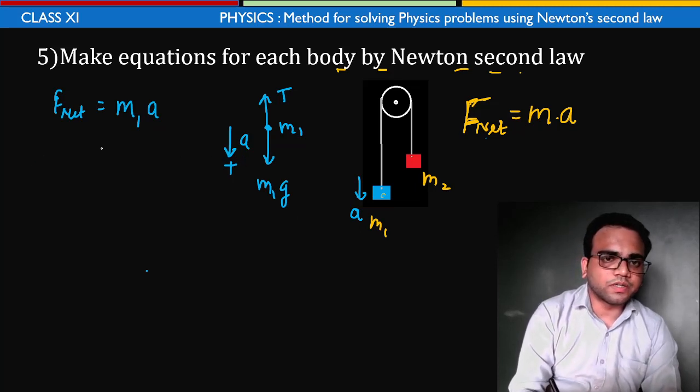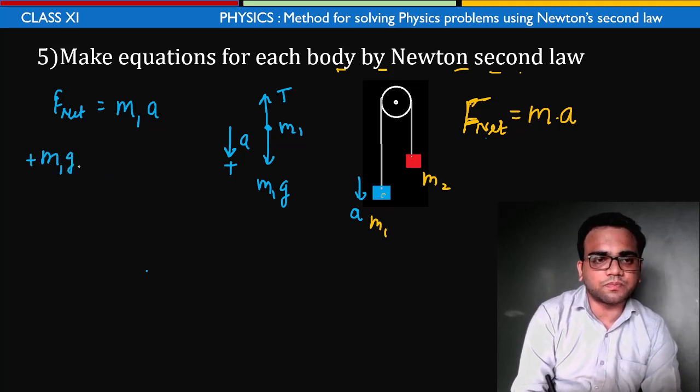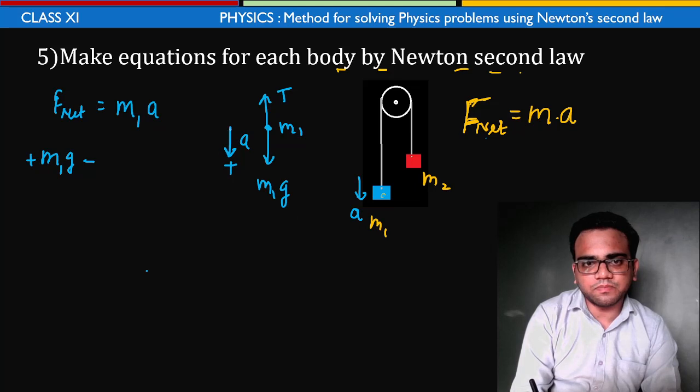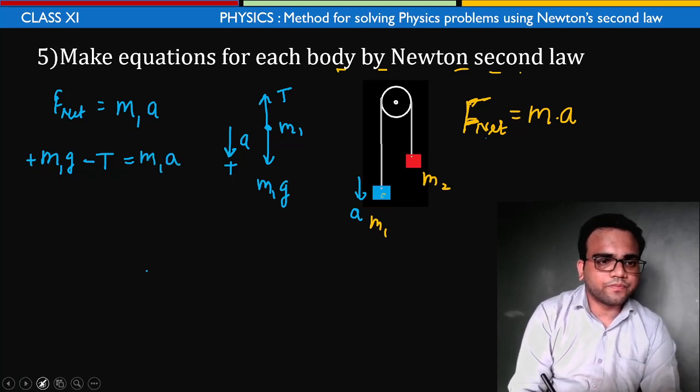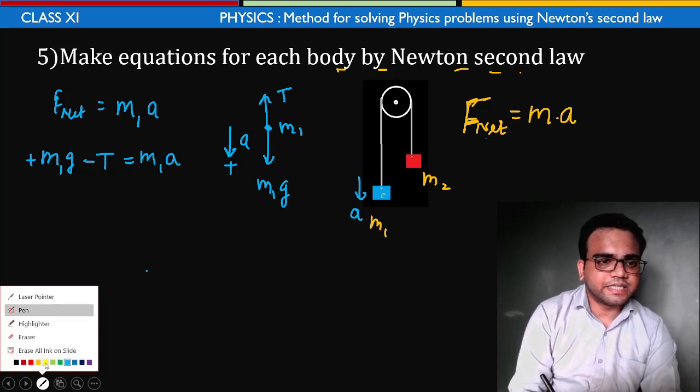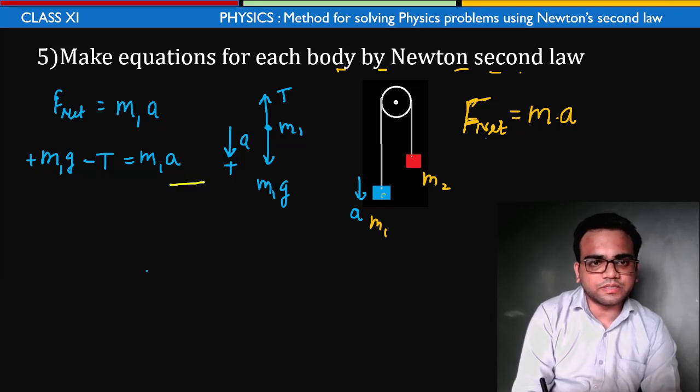So we will write positive M1G because it is in the direction of the positive, minus tension, since the tension is upward but the positive direction is downward. That's why we write minus T, is equal to M1A. We are considering it as equation number one. This is our first equation.